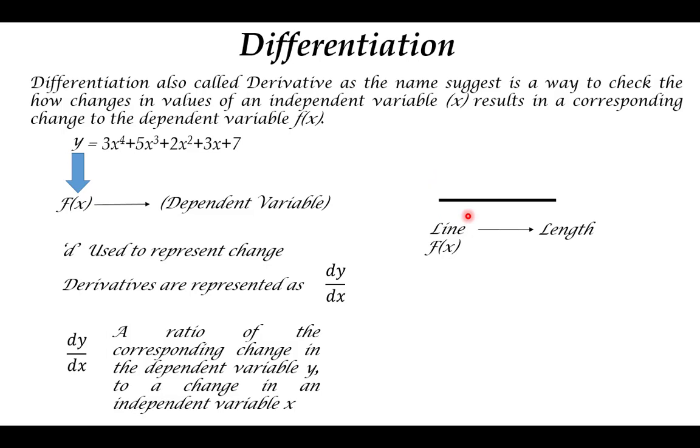So length in this case is x, the independent variable. Now, if this line grows, what differentiation is interested in is the rate of this growth. How fast is this line growing per time? Rate of change is what differentiation is looking out for.